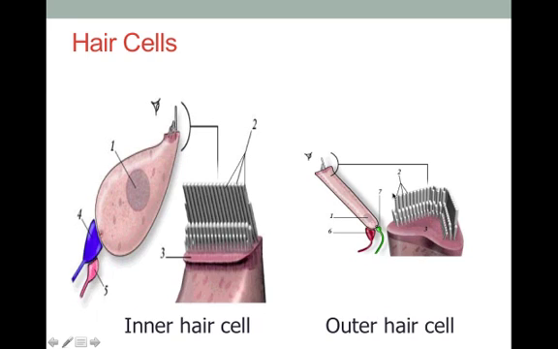And apparently that has a physiological significance also. When we talk about the physiology of the inner ear, we'll talk about how the outer hair cells are responsible for stimulating the inner hair cells, because the outer hair cell stereocilia are those that are actually in contact with the tectorial membrane that sits on the top, and the inner hair cells are stimulated by the fluid movement that's caused by these outer hair cells.